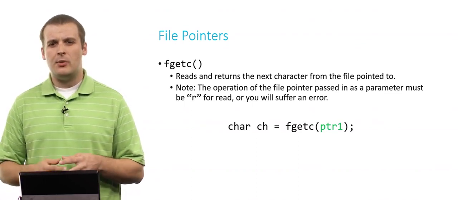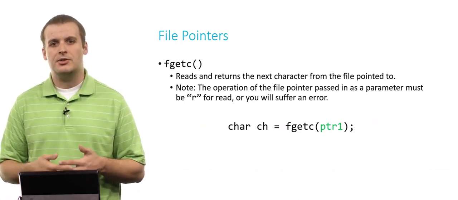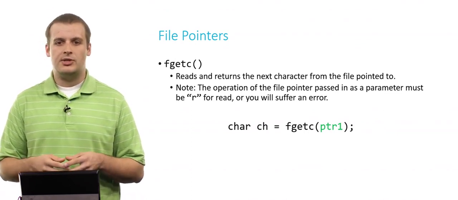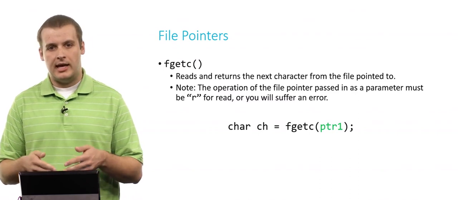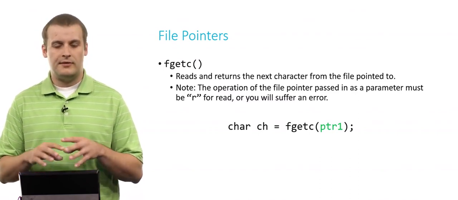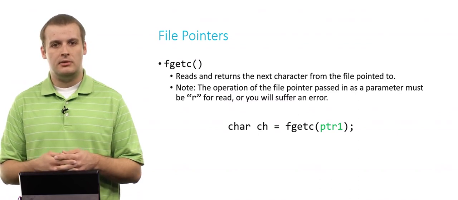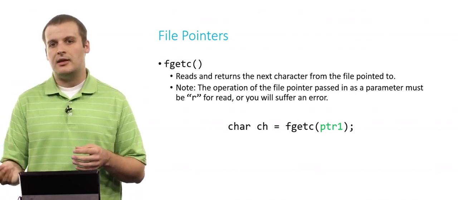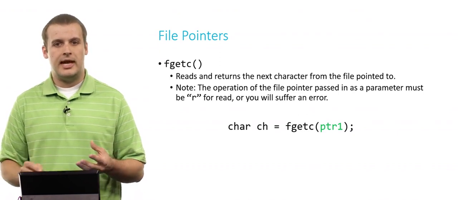And then pretty simply, all we need to do is pass in the name of the file pointer. So char ch equals fgetc(ptr1). That's going to get us the next character, or if this is the first time we've made this call, the first character of whatever file is pointed to by ptr1. Recall that that was file1.txt. It'll get the first character of that and we'll store it in the variable ch.